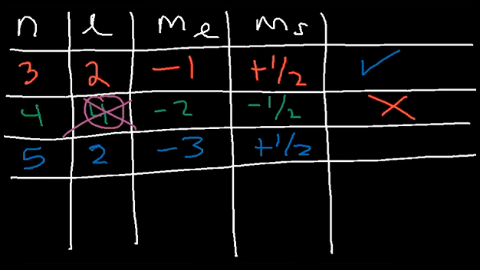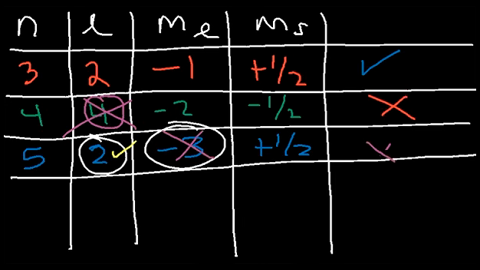Is there anything wrong? So first, compare n and l. If l is less than n, then it's good. Now look at ml and l. If l is 2, ml has to be between -2 and 2. -3 is outside of that range, so this doesn't work.